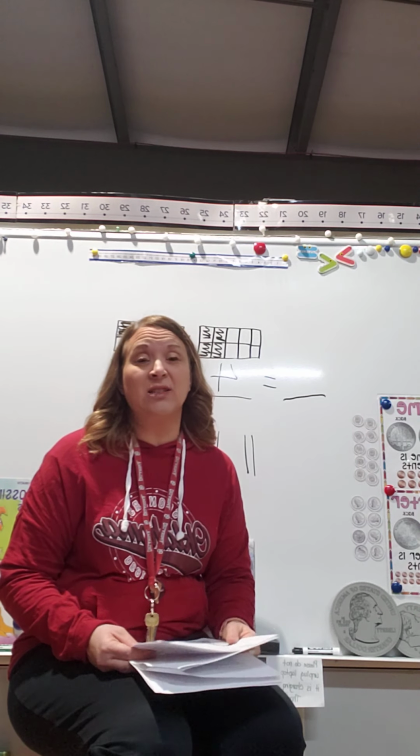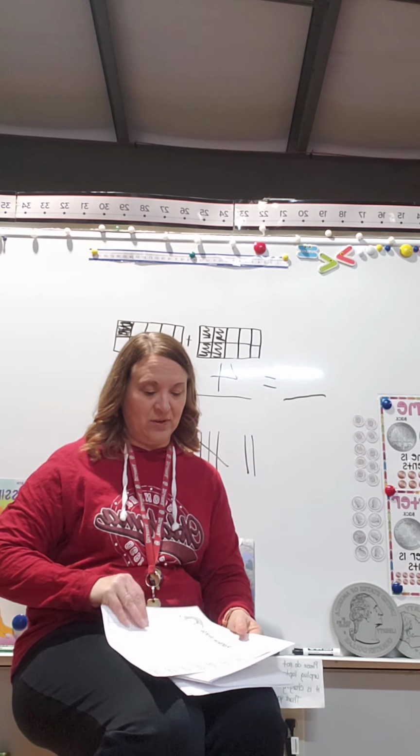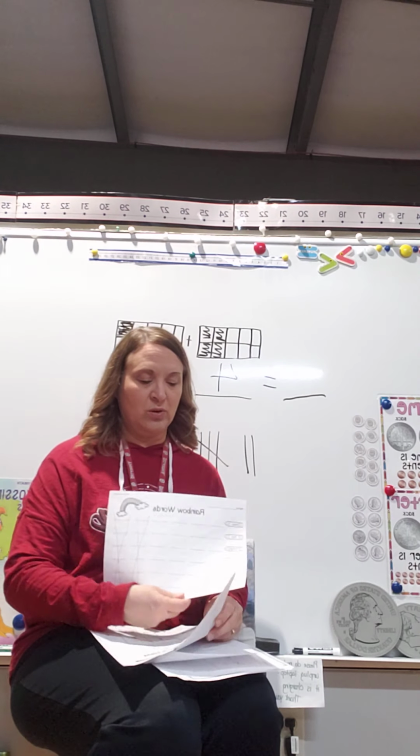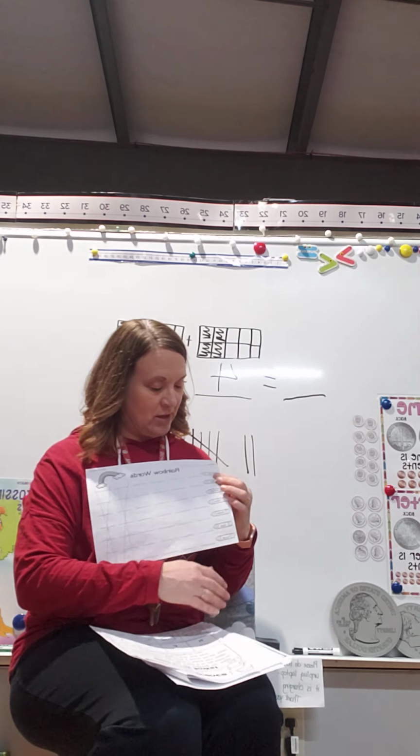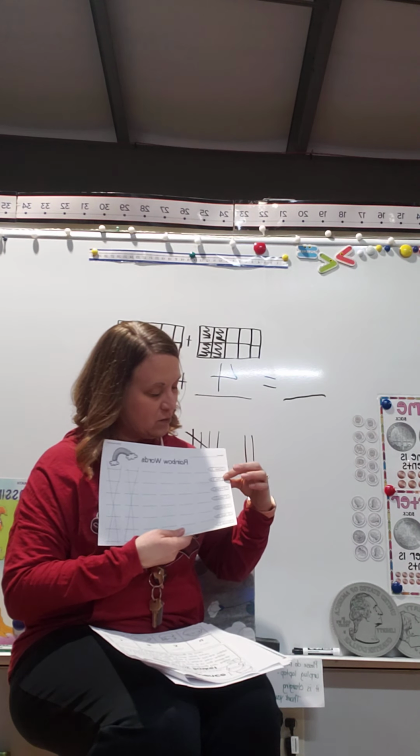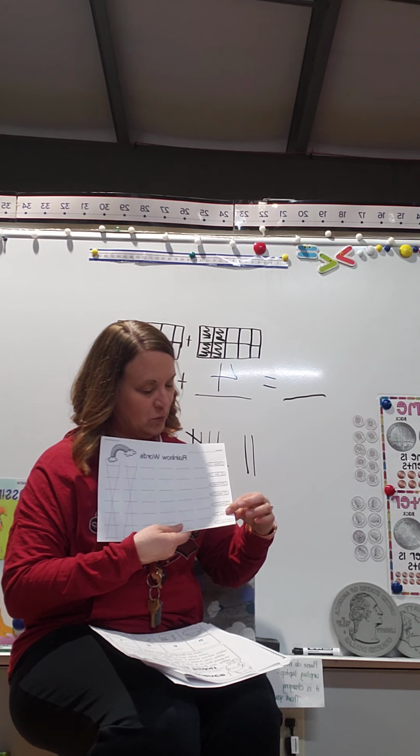And to help you practice those for the very beginning, I have this rainbow words sheet. And what you will do is you will write each of the words in a different color, and it tells you the color over the side: black, red, orange, yellow, green, blue, purple.